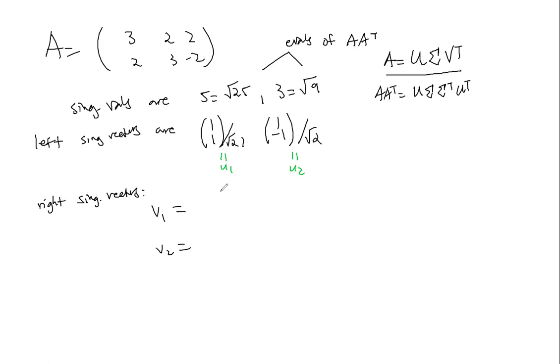So I think V1 should be A transpose U1 over sigma 1, and V2 should be A transpose U2 over sigma 2. I'm doing the reverse again of what we learned in lecture, where I looked at A A transpose instead of A transpose A. Either one will work.